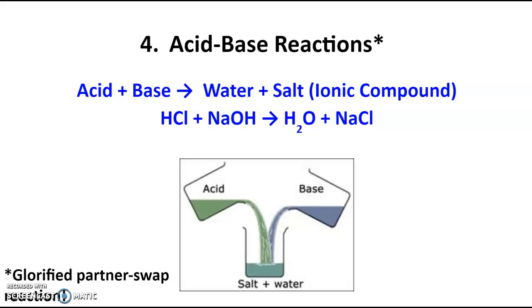So if you mix hydrochloric acid with sodium hydroxide, both of those are very dangerous in solution. If they're in a high concentration, they can really mess up your skin. But if you mix them together, they just turn into water and sodium chloride, common table salt.